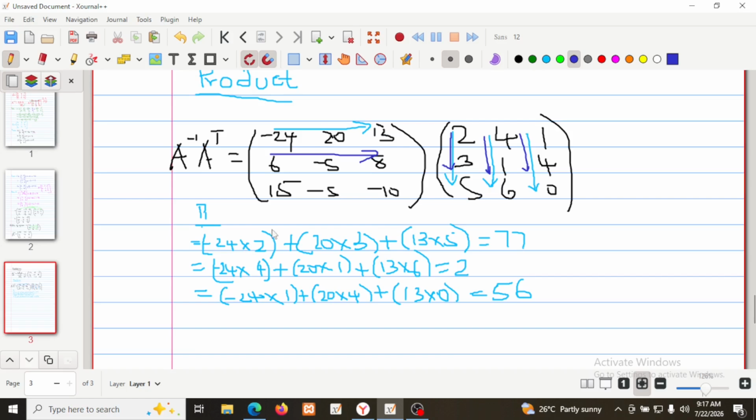So we will have, let me say part 2. We will have the first section, which is 6 times 2 added to negative 5 times 3, added to 8 times 5.